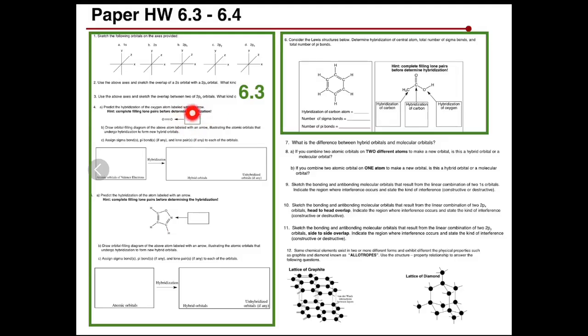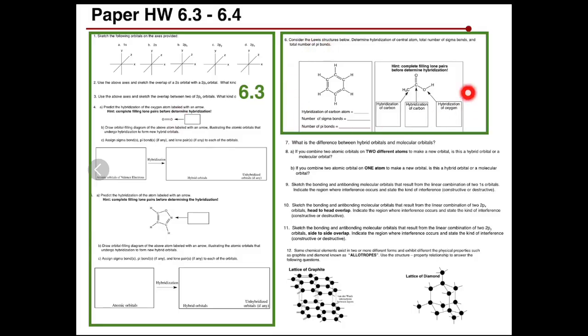Once you know the hybridization, you should be able to use the atomic orbitals of each of these atoms to start the way that we did earlier and mix them. And make sure that your result here matches with the structure that you have.